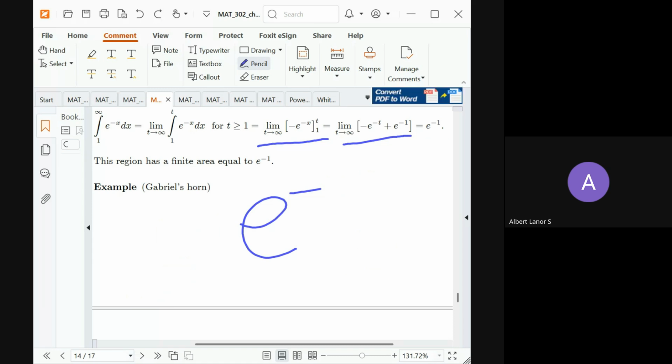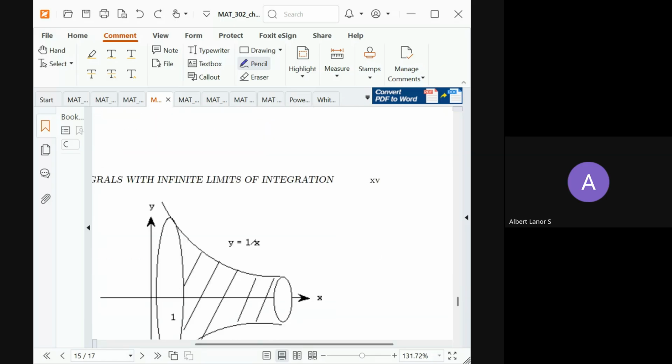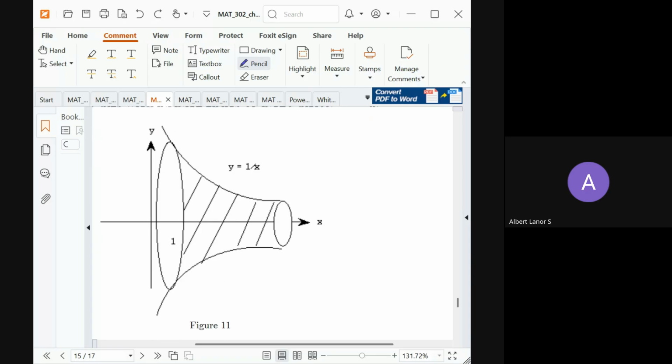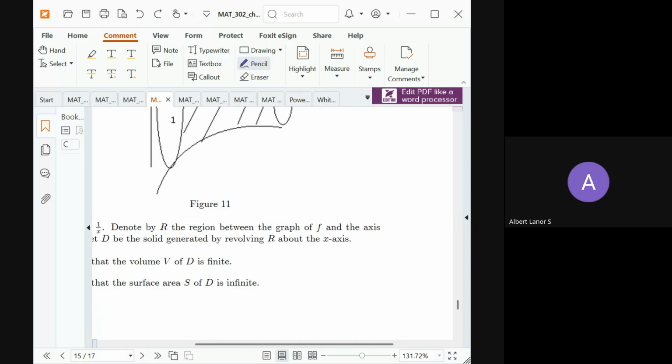Now let's take an example of Gabriel's horn. Now you have 1 over x, then you have minus 1 over x. The region between the two of them.